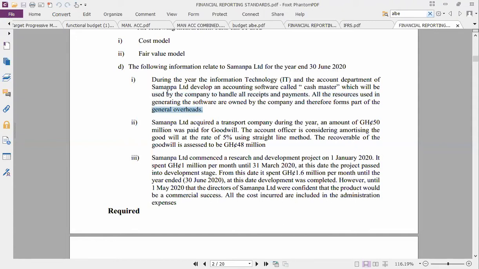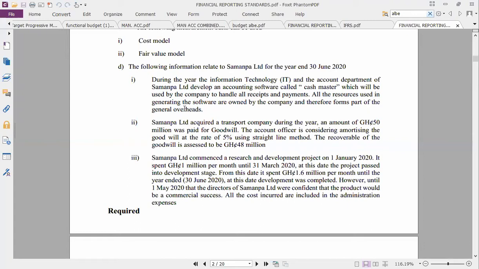So here, no asset should be recorded in the books as Cash Master. Why? Because the cost cannot be measured reliably, or the cost cannot be separated from the general overheads of the company. That is all we need to tell Samampa.